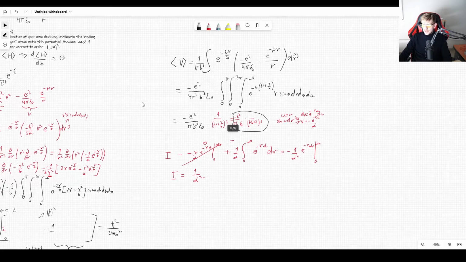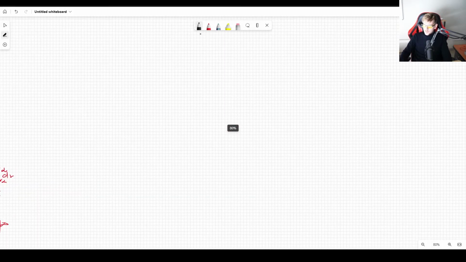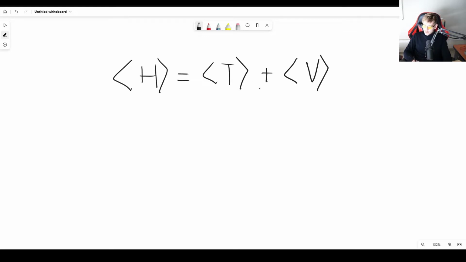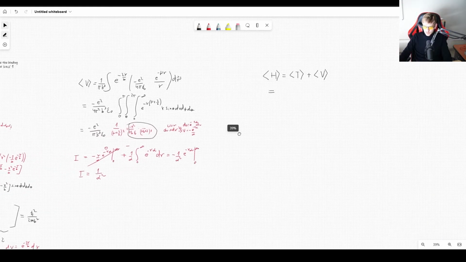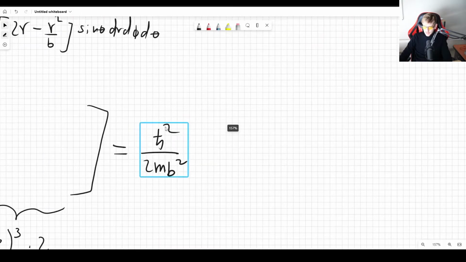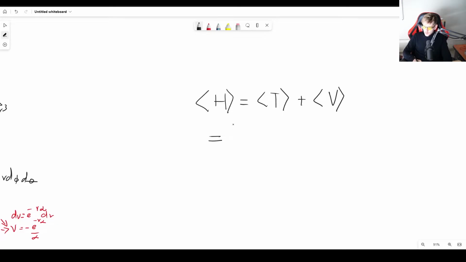So now let's put everything together. Let's do it somewhere over here. The expectation value of the Hamiltonian, which of course is the expectation value of the kinetic part plus the expectation value of the potential, will be, now what was the expectation value of the kinetic part? It was actually here, h bar squared divided by 2mb squared.